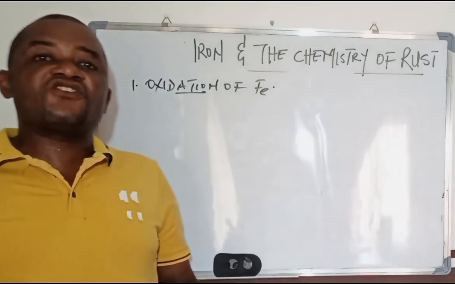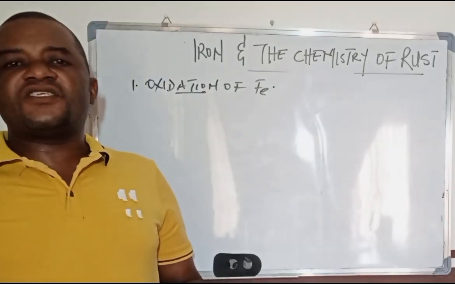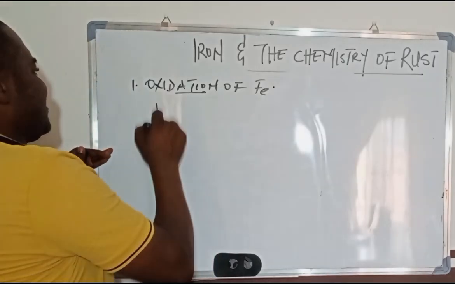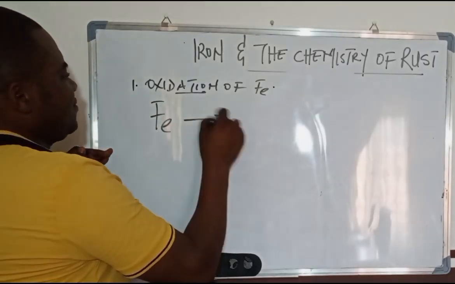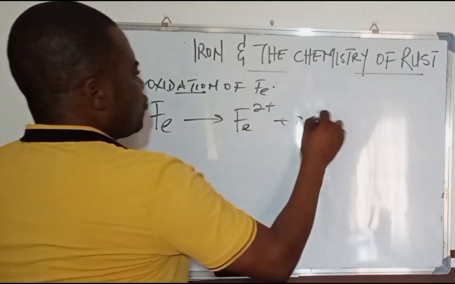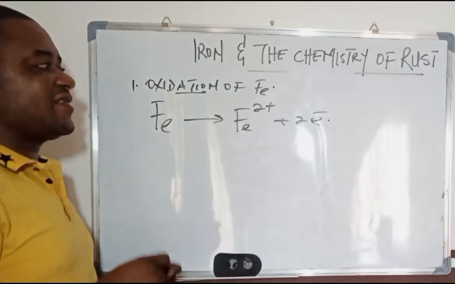And if there is oxidation of iron metal, it means that the iron is going to be losing electrons. Now, that means we have iron losing 2 electrons to give us Fe2+. This is the first thing that will happen.